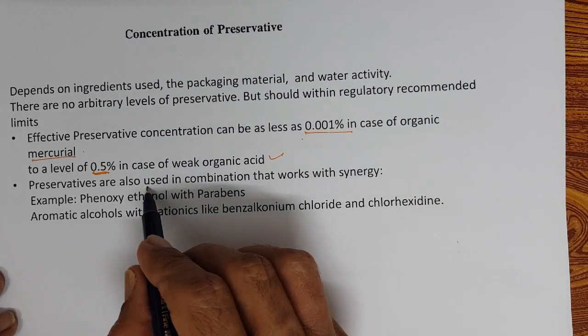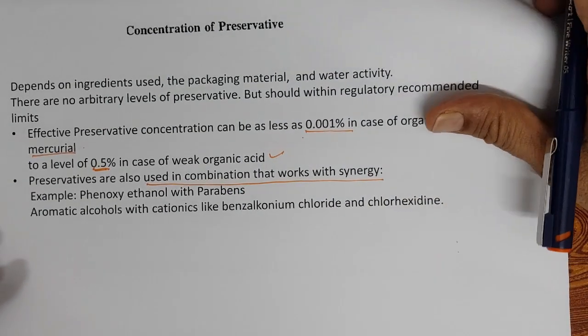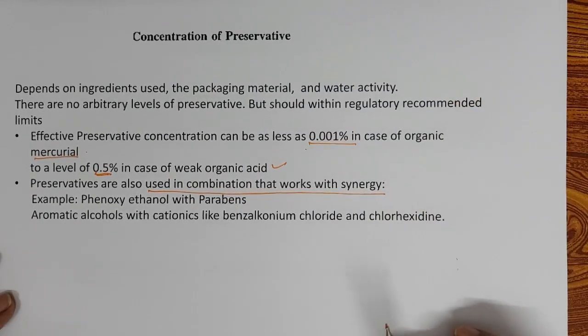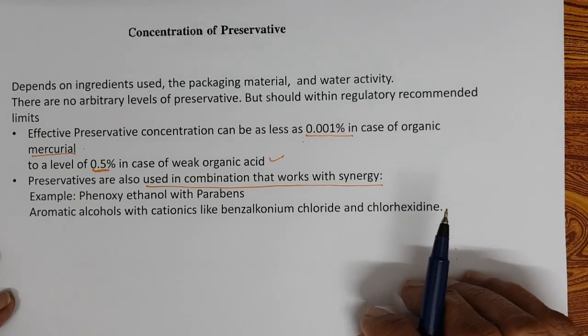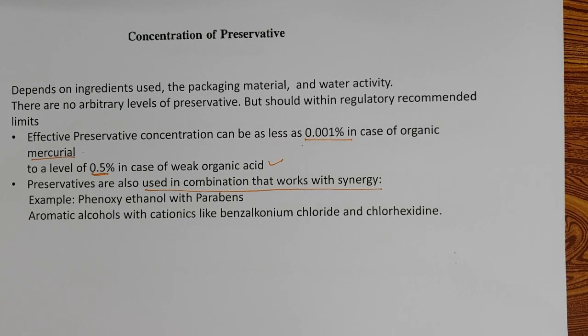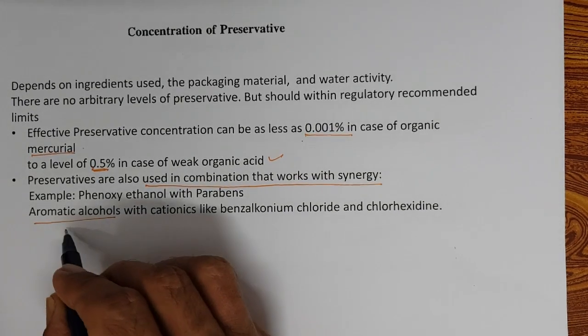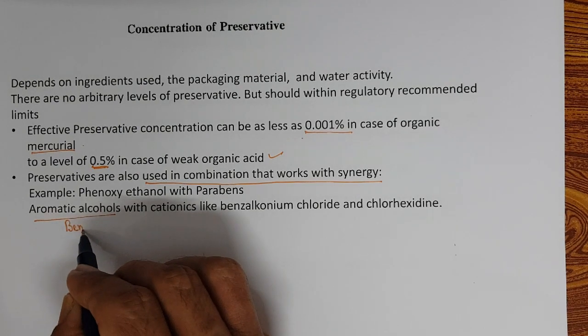Preservatives are also used in combinations that work in synergy, right? Phenoxyethanol works very well with parabens, so you get a broad spectrum of efficacy. Among aromatic alcohols, benzyl alcohol is one example.